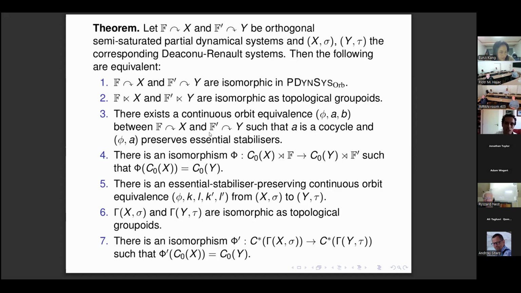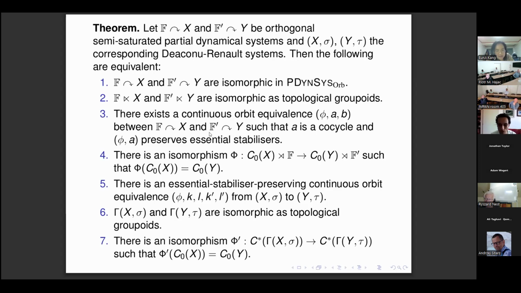But for examples where you have the partial action of the free group, a lot of the elements of the free group will just act as an empty function. So what really matters is just this dynamical system. That's why we have these results.